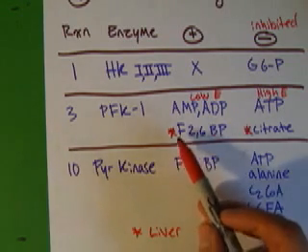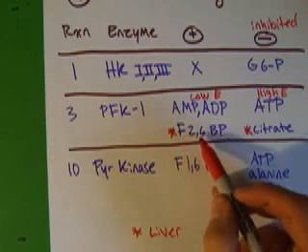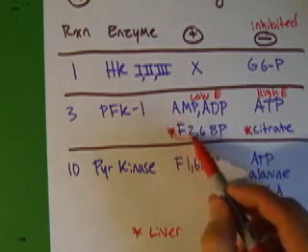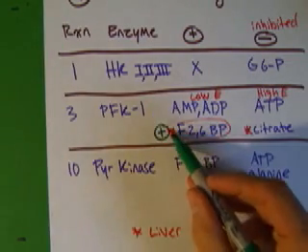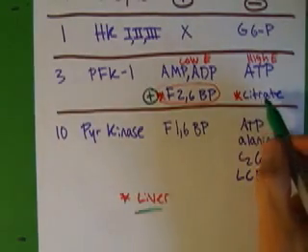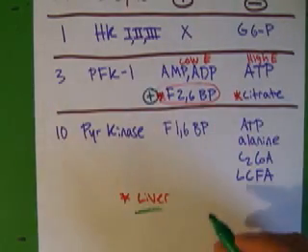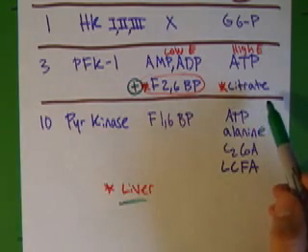The most important thing to remember about reaction 3 is fructose 2,6-bisphosphate is what's going to activate it the most. So that's the most potent activator, and that happens in the liver. Citrate inhibits this process in the liver. Just memorize that for now, it'll make more sense in the amino acids unit.